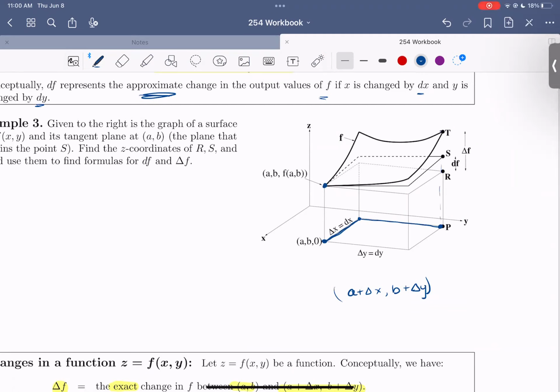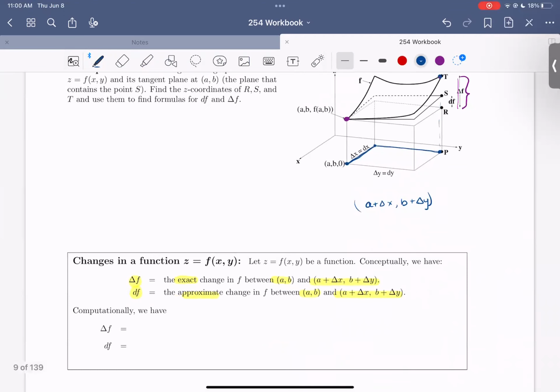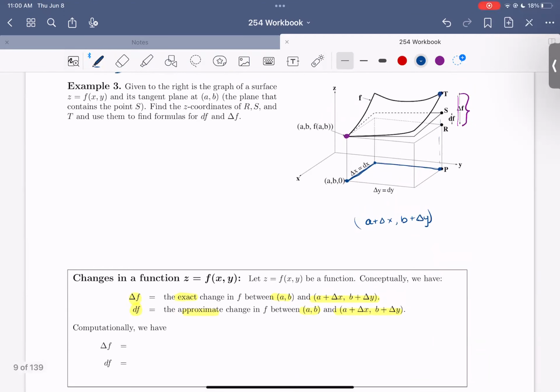Notice that at P, our output is up here with the point labeled T. So this change in f from our starting point to T, this vertical change or output change, is delta f. How would we represent that using a formula? Well, we compute the output value at our point (a plus delta x, b plus delta y), and then compare that to our first output value.